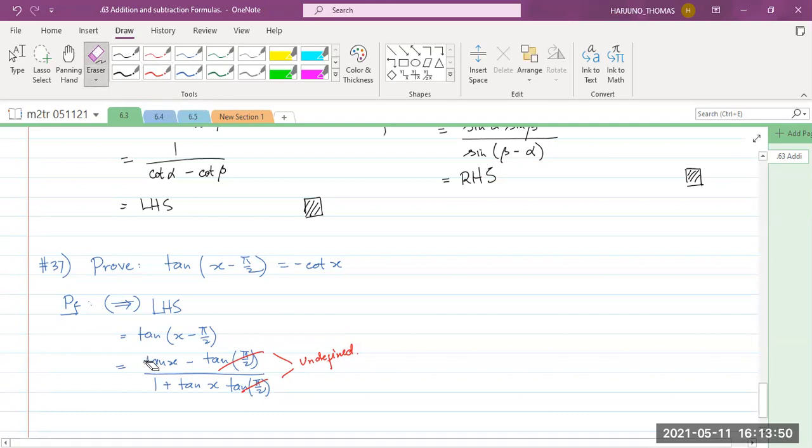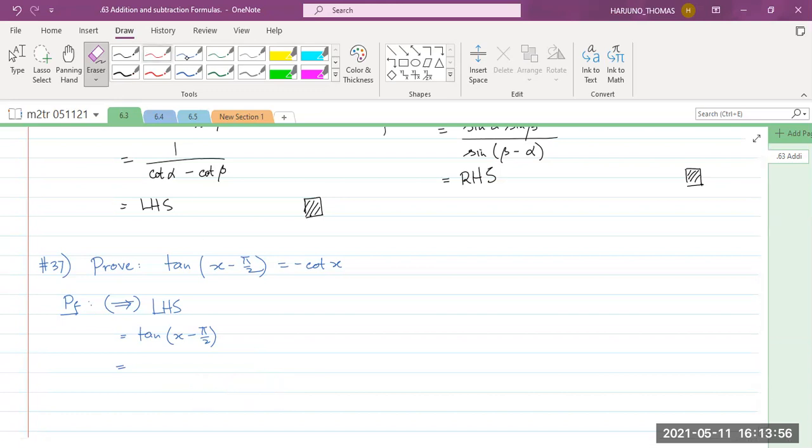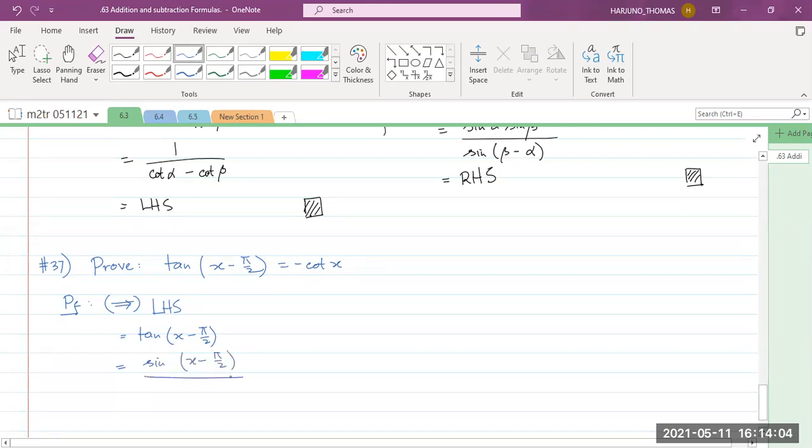Instead of doing it that way, let's make it into sine and cosine. That's sine of x minus pi over 2 over cosine of x minus pi over 2.